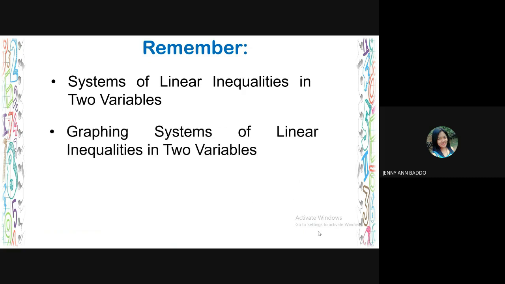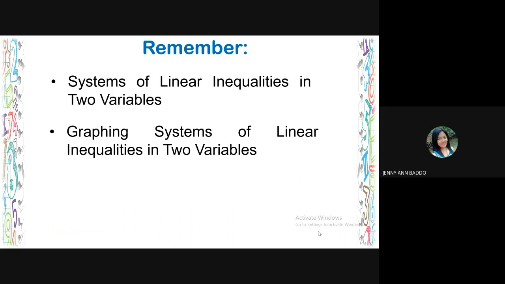For graphing a system of linear inequalities in two variables, we simply follow these steps. First, graph the individual inequalities on the same coordinate axis.